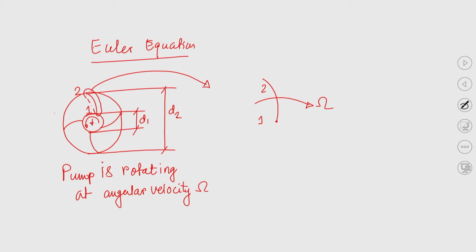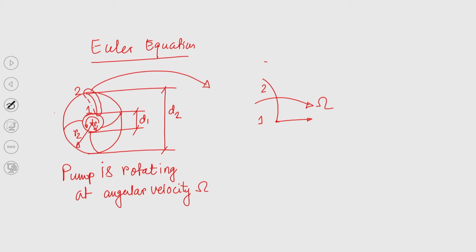If we now try to draw the velocity triangles, at least we have to identify what are the velocity components present here. So, the pump impeller is rotating at an angular velocity omega, you can see. So, this will be outer radius R2 and this will be smaller radius R1. So, we will have tangential component of velocity at the inlet and tangential component of velocity at the outlet.